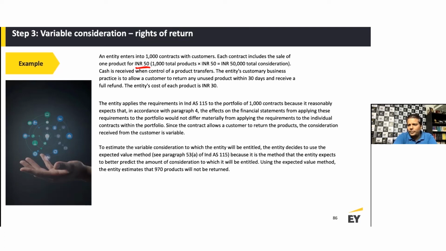When control of a product transfers, the entity's customary business practice is to allow a customer to return any unused product within 30 days and receive a full refund. The entity's cost of each product is INR 30, all right?